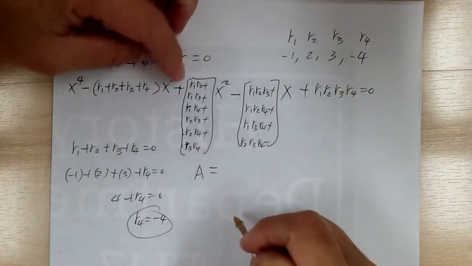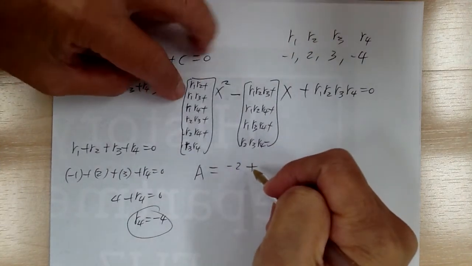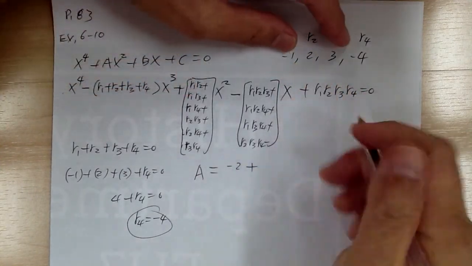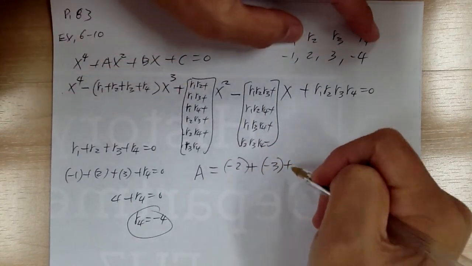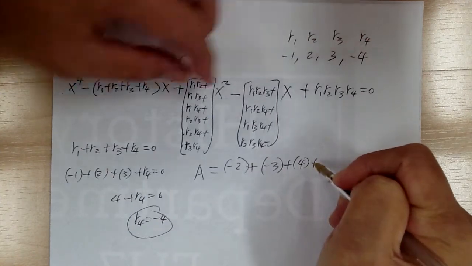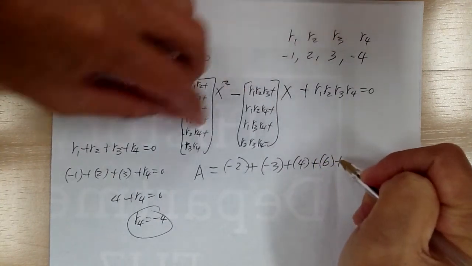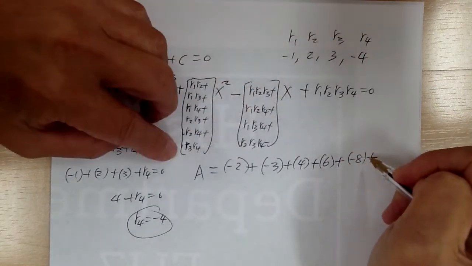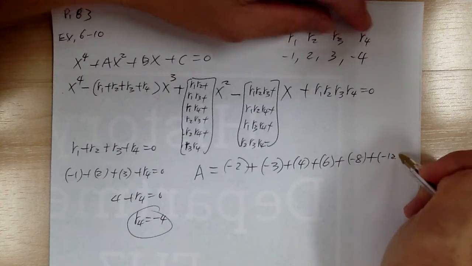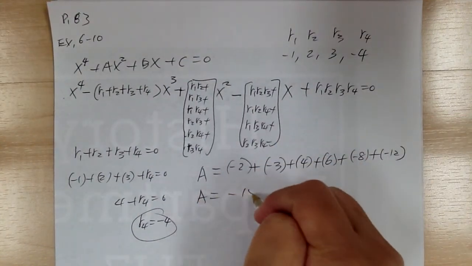So a is going to be equal to negative 2 for r1 r2, plus negative 3 for r1 r3, plus 4 for r1 r4, plus 6 for r2 r3, plus negative 8 for r2 r4, plus negative 12 for r3 r4. Okay, so you do all that, you're going to get negative 15.